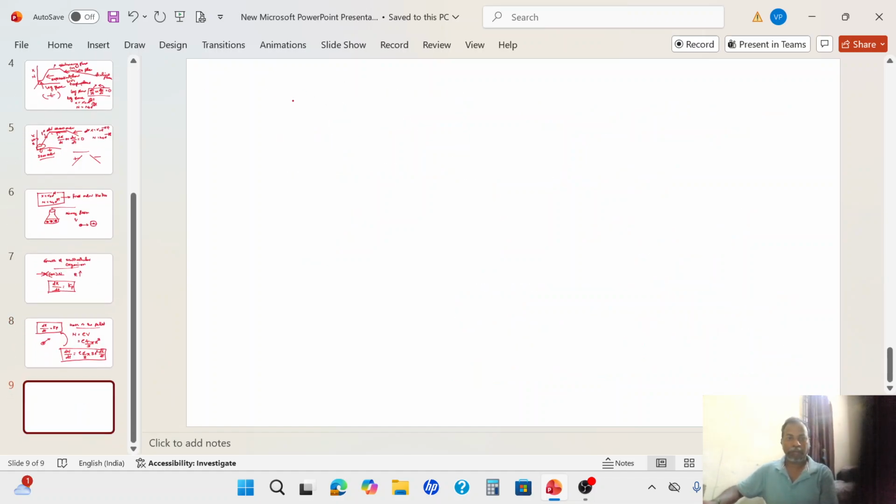So dr by dt is equal to kp, but dm by dt is equal to rho into 4 by 3 pi 3 r square into dr by dt. So 3 and 3 will get cancelled.